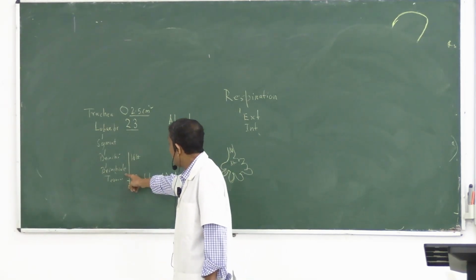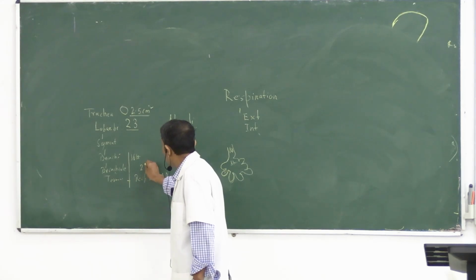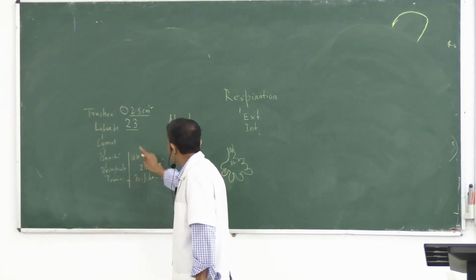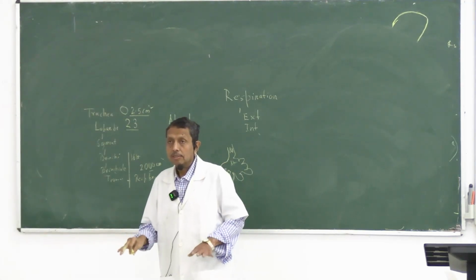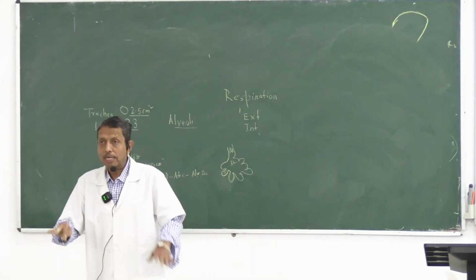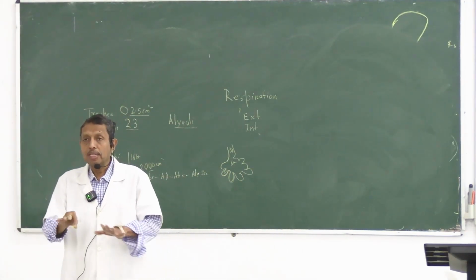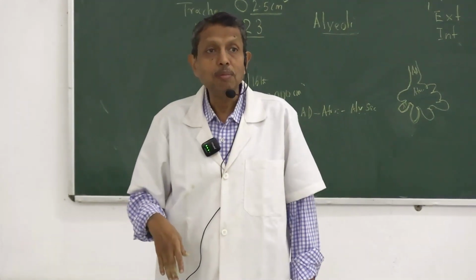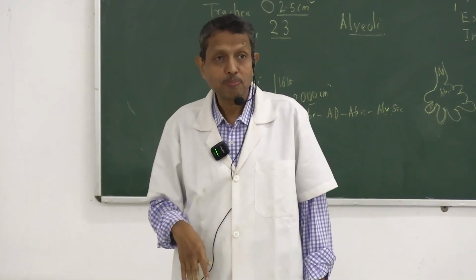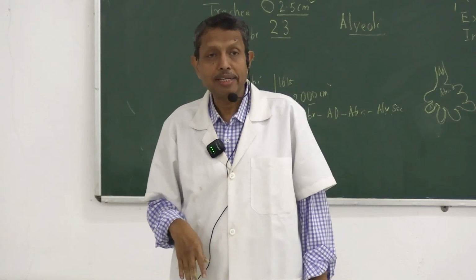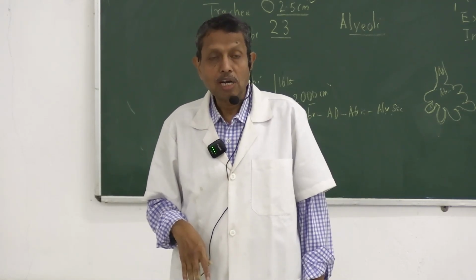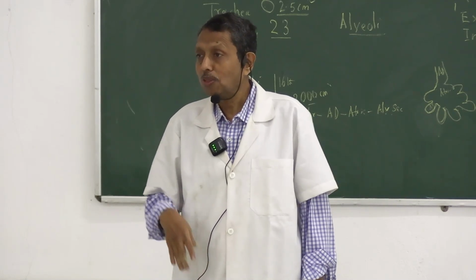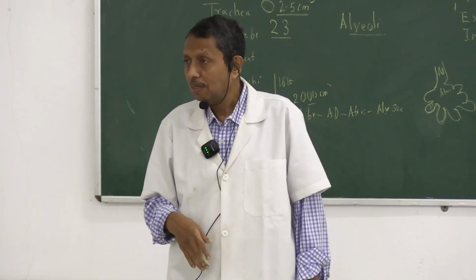At the level of the terminal bronchiole, it is 2000 centimeters square, total cross section. There are enormous branchings, and altogether the cross sectional area increases, similar to the vascular system. Total cross sectional area of the systemic capillaries is much more than that of the aorta.